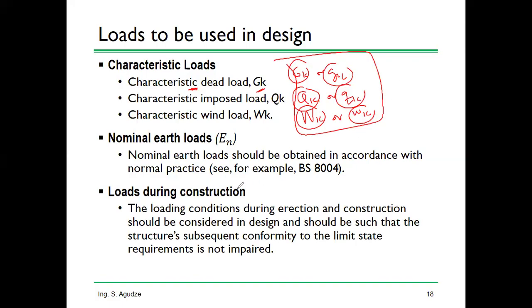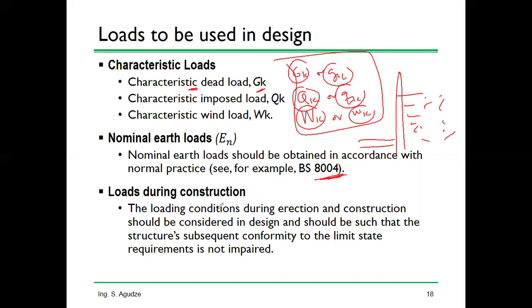So when you talk about earth load, if you have a retaining wall like this, the soil at the back is a load onto the wall. It's a load onto the retaining wall. So that's a typical earth load. And usually in design of foundation and retaining wall, you find this load. And then we have some load during construction.